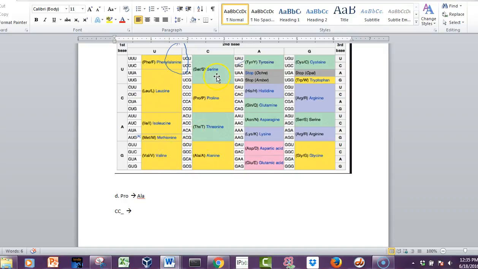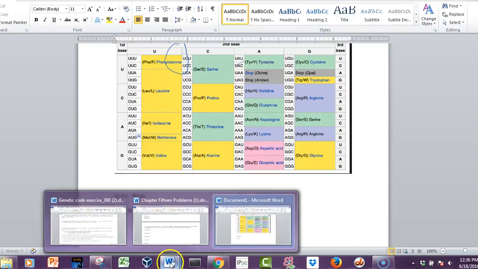Alanine is in here somewhere. Arginine, alanine is GC anything. So as long as we change that first letter from a C to a G, then we can change a proline to an alanine.